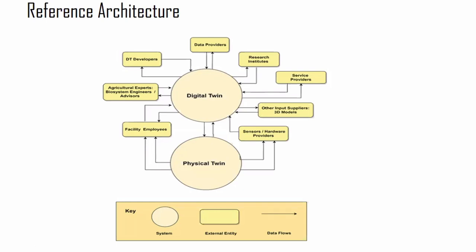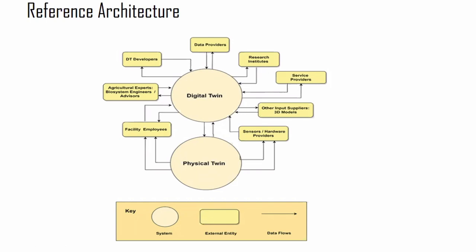Okay, just see this. As I told you, this is a reference architecture. You see this digital twin. Just think about it, it's not a single person. This digital twin can be connected with a research institute.